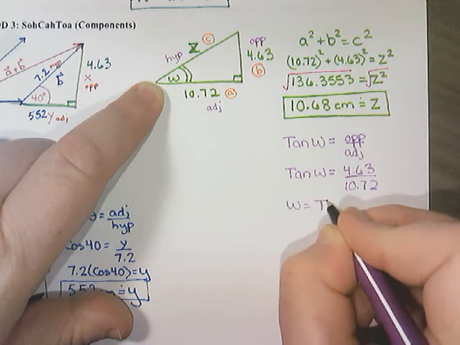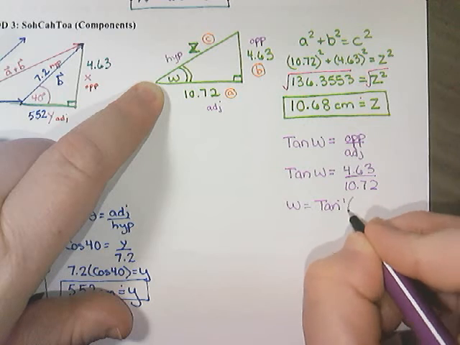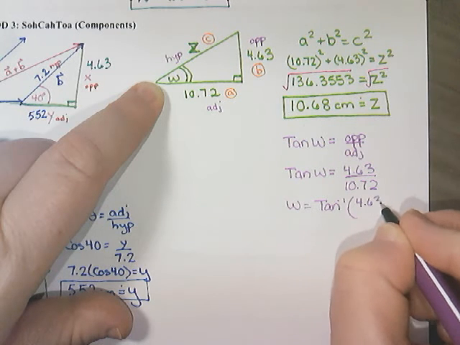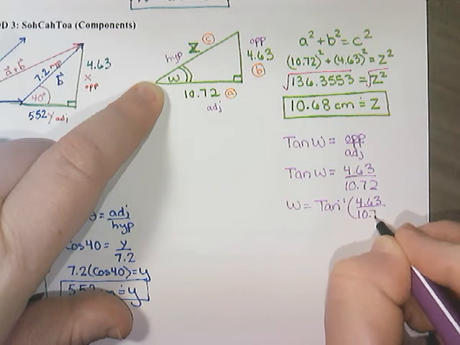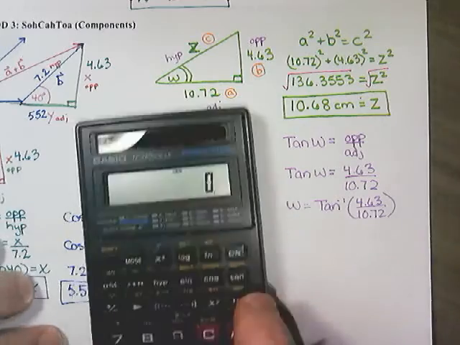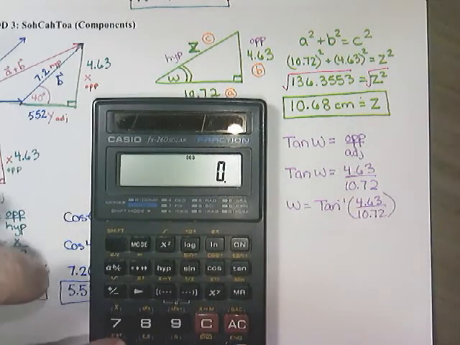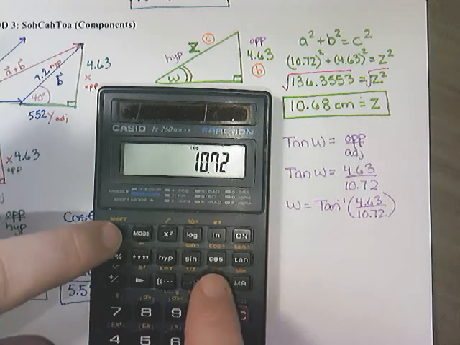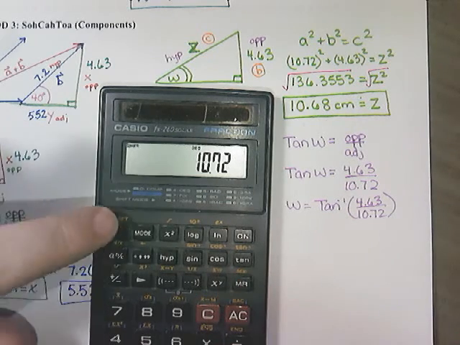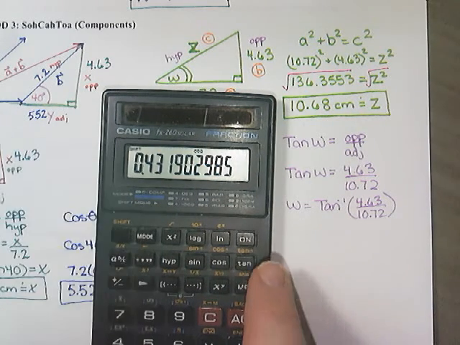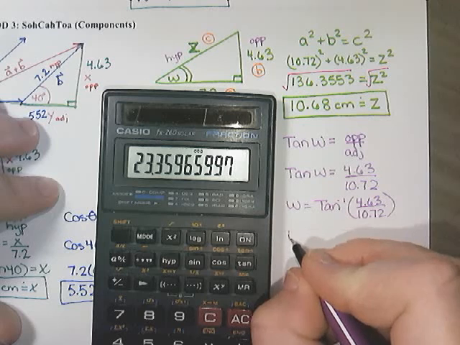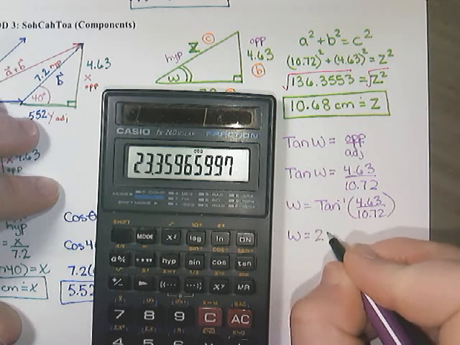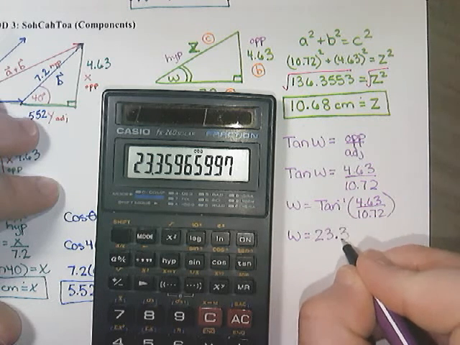And then I'm going to do the inverse tan of that. All right, so 4.63 divided by 10.72, and I do inverse, oops, I have to hit equals first, and then inverse tan. I get 23.36 degrees.